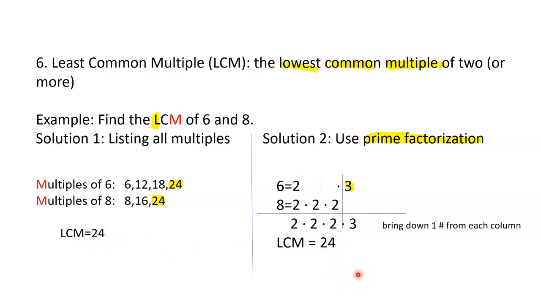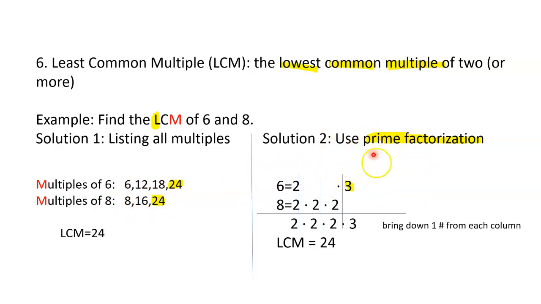Now, for the smaller numbers, the first solution might seem easier, but for big numbers, the second solution is going to be easier. And also, we can use the same method, solution 2, to find the greatest common factor. But if you do the first solution, you have to make different lists for multiples and factors.